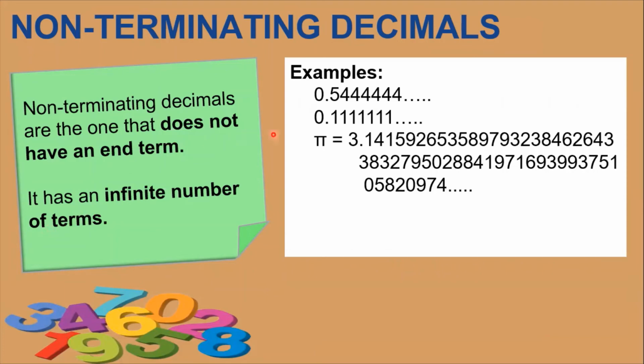Examples: 0.5444 and so on, 0.111 and so on, and pi, which is equivalent to 3.14159265359 and so on. Notice that they do not contain a specific number of decimal digits. So these are the non-terminating decimals.